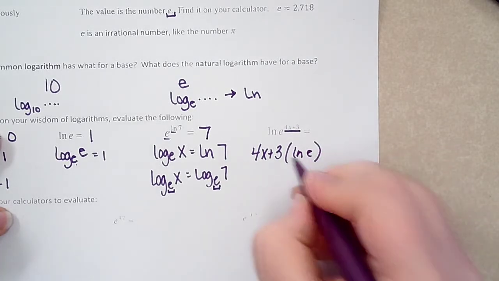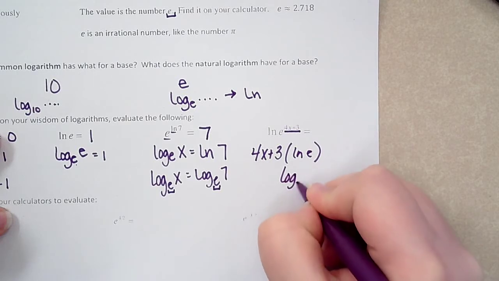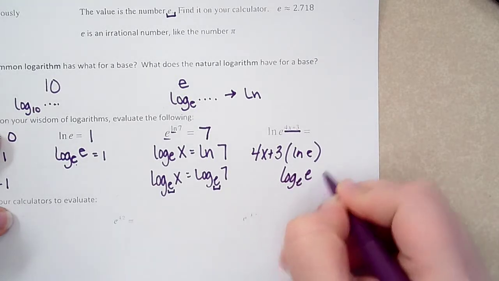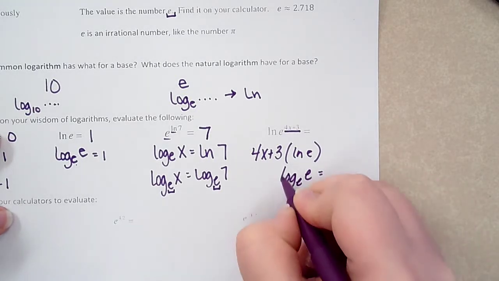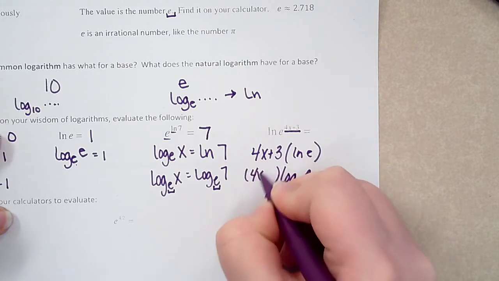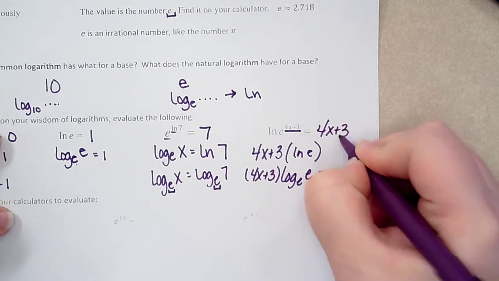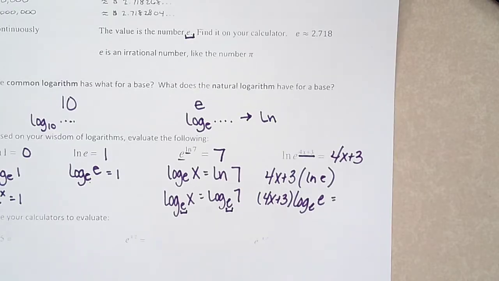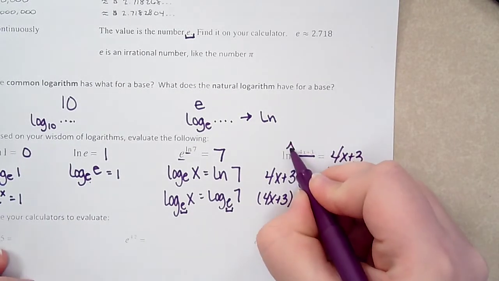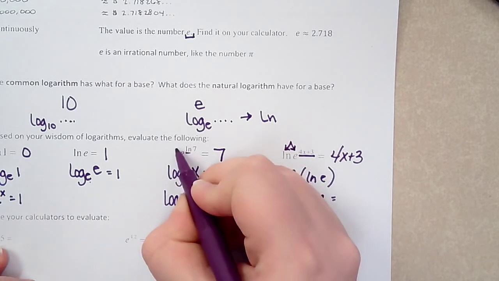But we know ln of e can still be written as log base e of e, which is just 1. So it's just 1 times the multiplier of 4x plus 3. And our final answer is just 4x plus 3. These cancel each other out, just as they did in this problem.